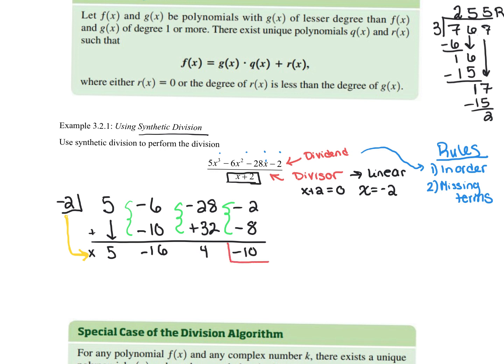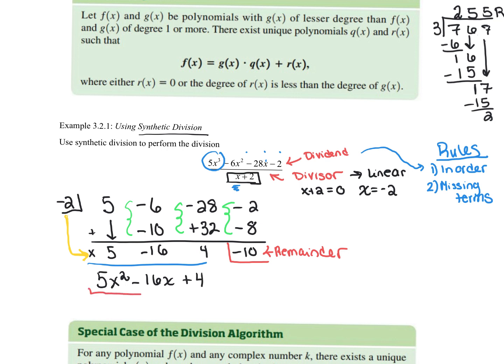This number at the end right here is my remainder. If I take this underlined piece, I started with an x cubed and I divided by a single x, so I go down by 1 power, and this underlined part becomes 5x squared minus 16x plus 4.